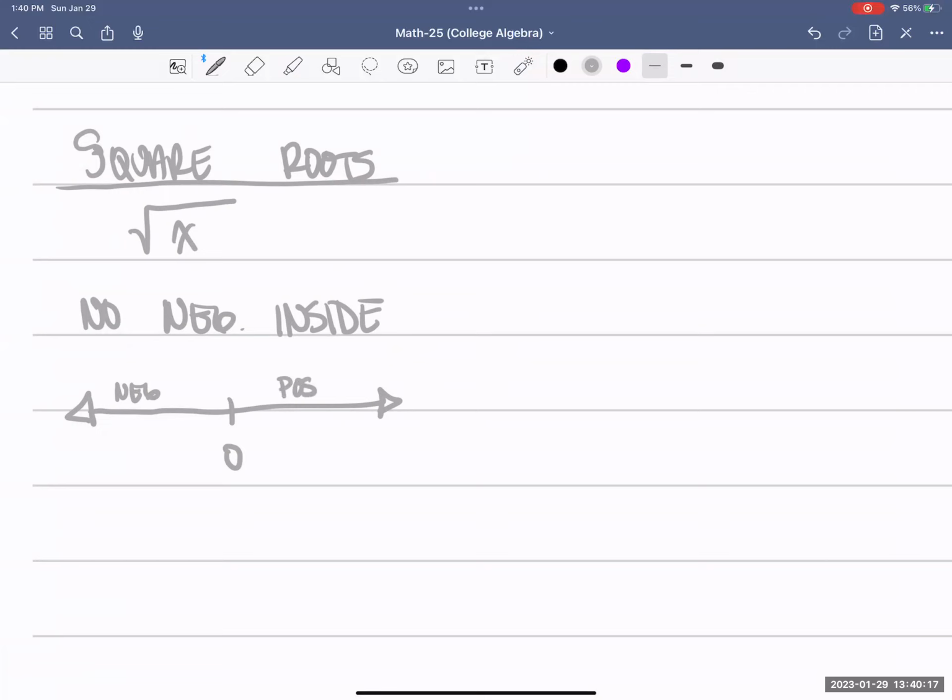And since we want everything inside of the square root to be positive, what we can do is grab that inside part and say x has to be greater than or equal to 0. x has to be a positive number in order for it to work inside of this square root and have real solutions instead of complex solutions. So whatever we have in here, we just set it greater than or equal to 0. So that's one domain error.